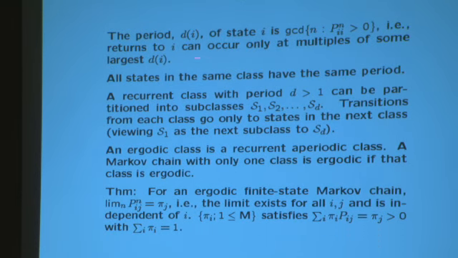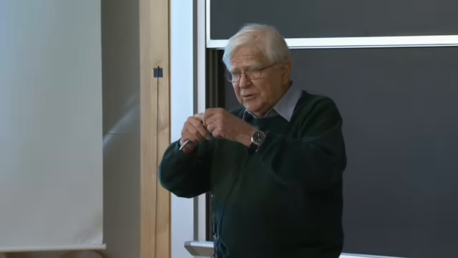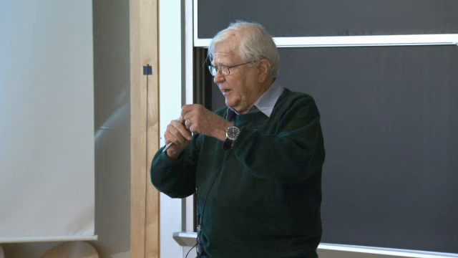Okay, the period of a state i is the greatest common divisor of n such that P_ii^n is greater than 0. Again, a very complicated definition for a simple kind of idea. Namely, you start out in a state i, you look at all of the times at which you can get back to state i again.